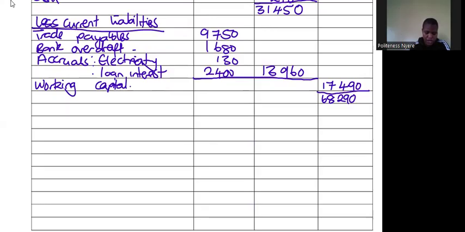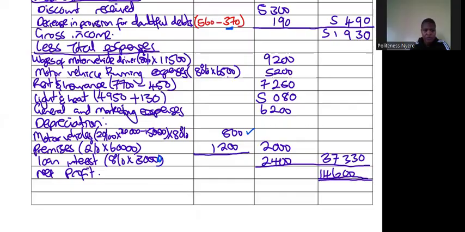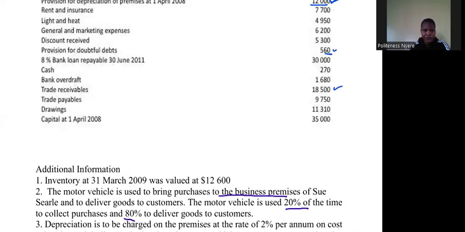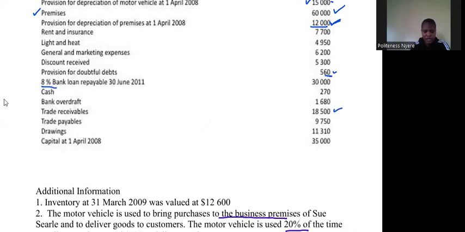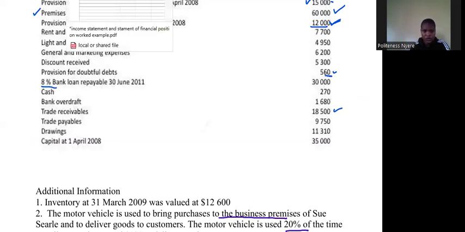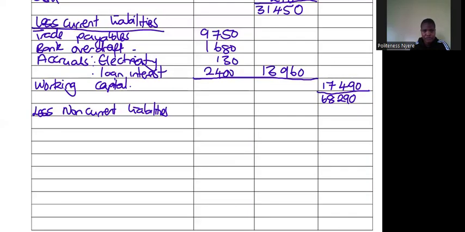So now, we'll also say less non-current liability. We have a non-current liability, an 8% bank loan, repayable 30 June 2011.